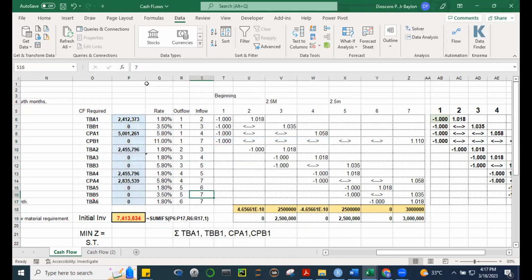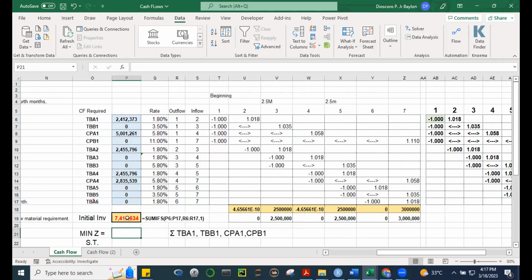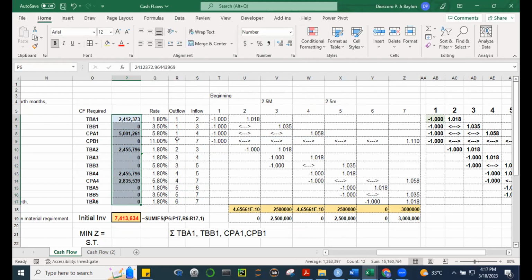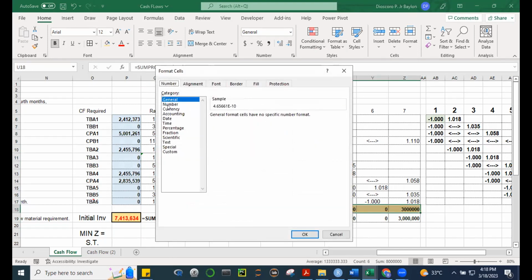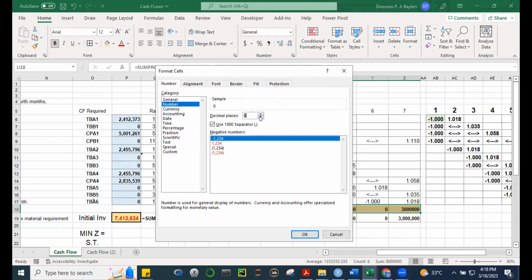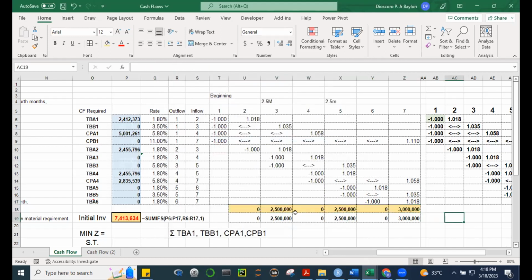Okay. All right. So our initial investment will be 7.4 million. It will not be 8 million. We said that. It will not be 8 million. So we need to raise 7.5 million in order to have the required cash flows.